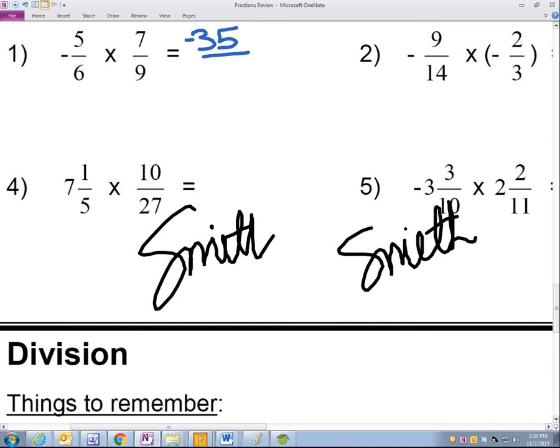Then we have 6 times 9, which is 54. That one does not share any common factors, because the factors of 35 are 1, 5, 7, and 35. So that one's done.